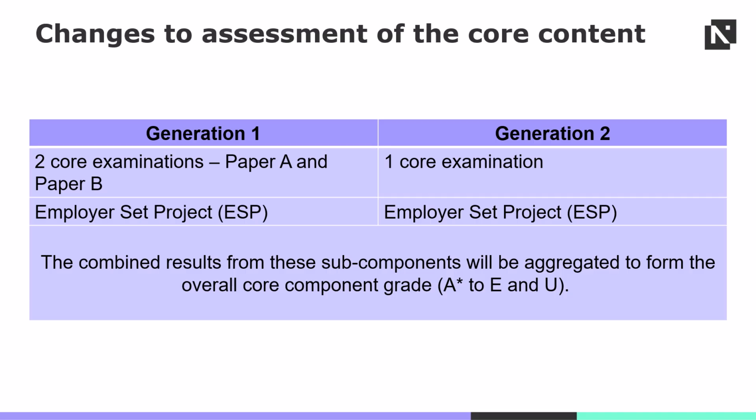Moving to Generation 2, these 2 written exams have now been consolidated into a single core examination. This streamlining helps reduce the assessment burden on learners while still maintaining rigorous standards. The Employer Set project remains in place as a key component, continuing to provide an applied, real-world context for learners to demonstrate their knowledge and skills.